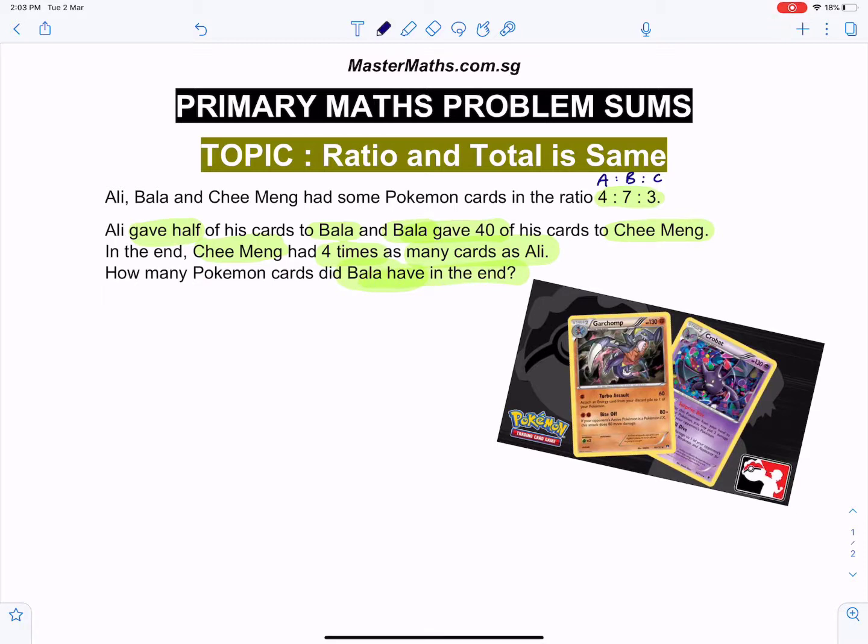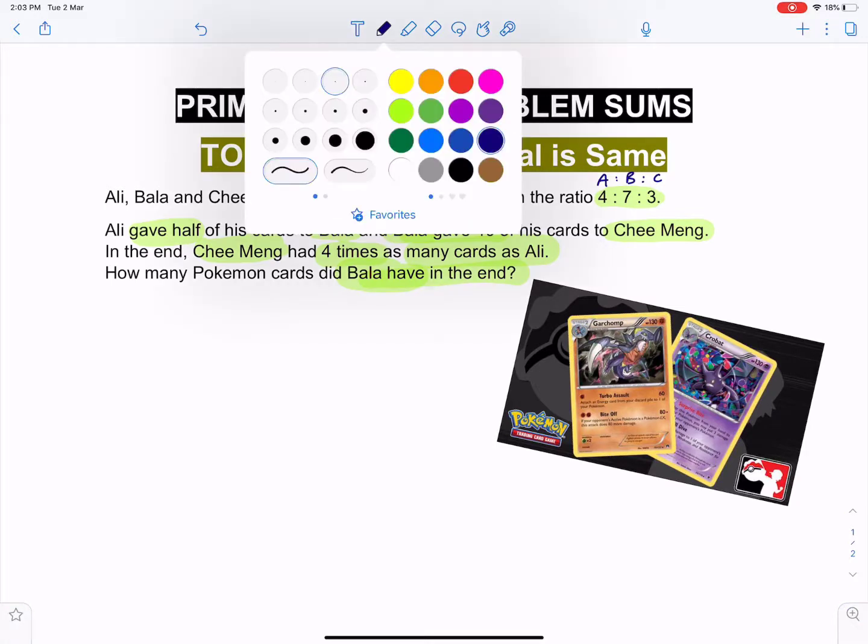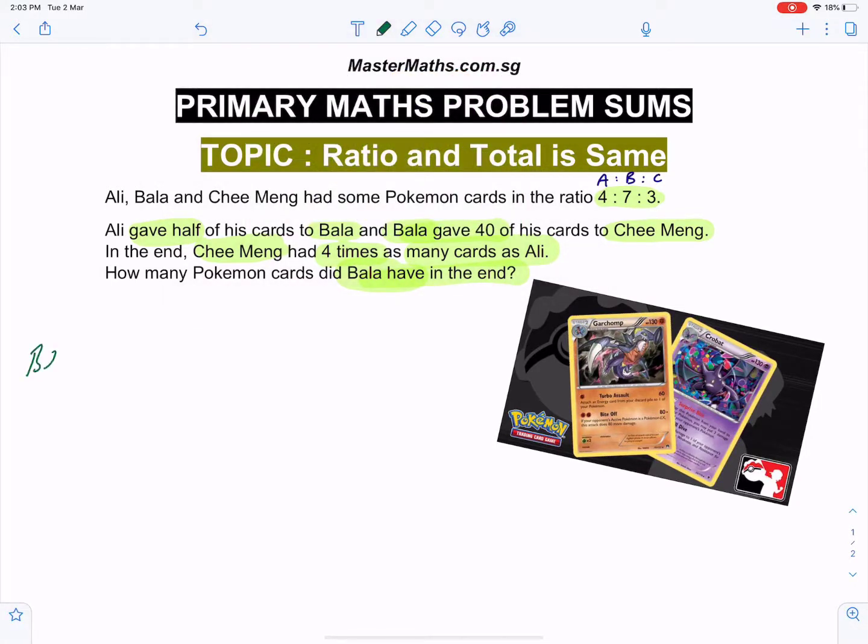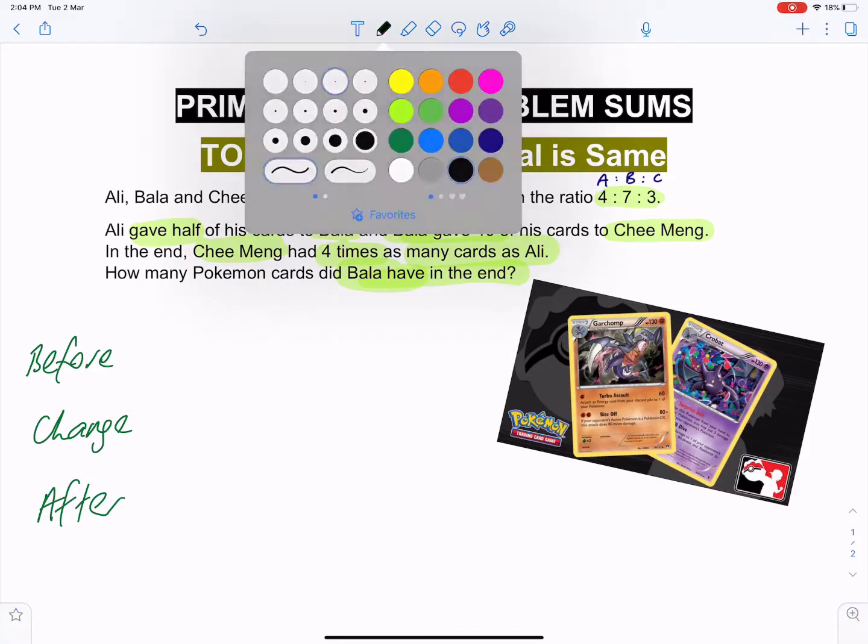It'll be useful for such questions, where you notice a before, a series of changes, and then an after, if you can draw for yourself a BCA table. So we have a before here, we have a change, and then we have after.